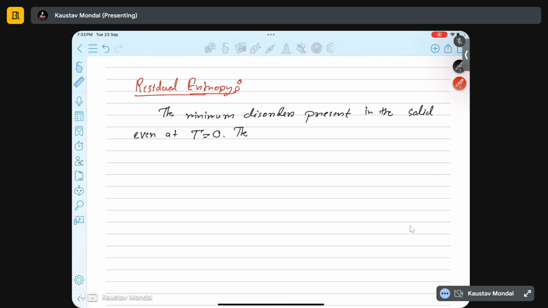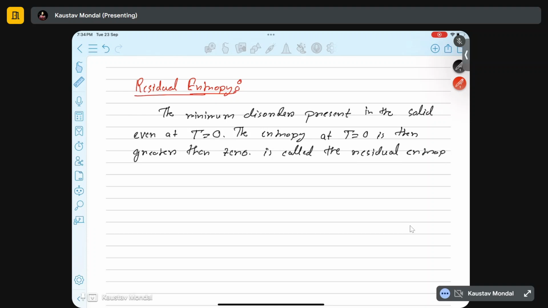The entropy at T equal to 0, if it is greater than 0, is called the residual entropy.